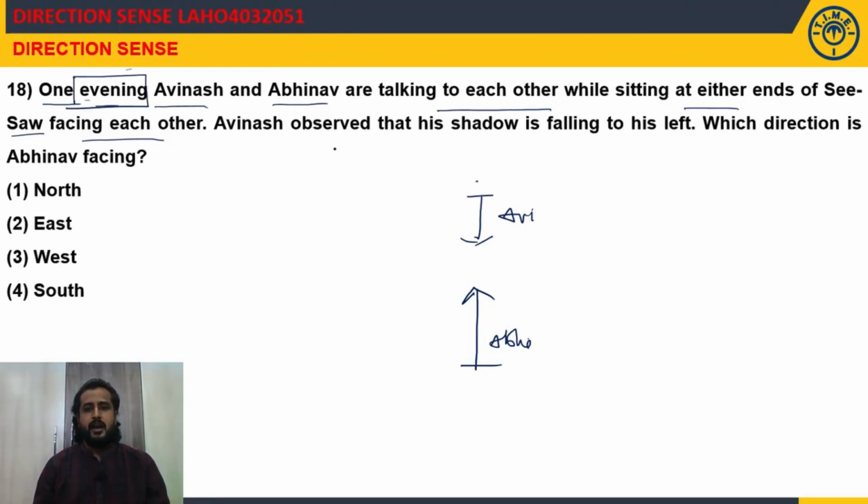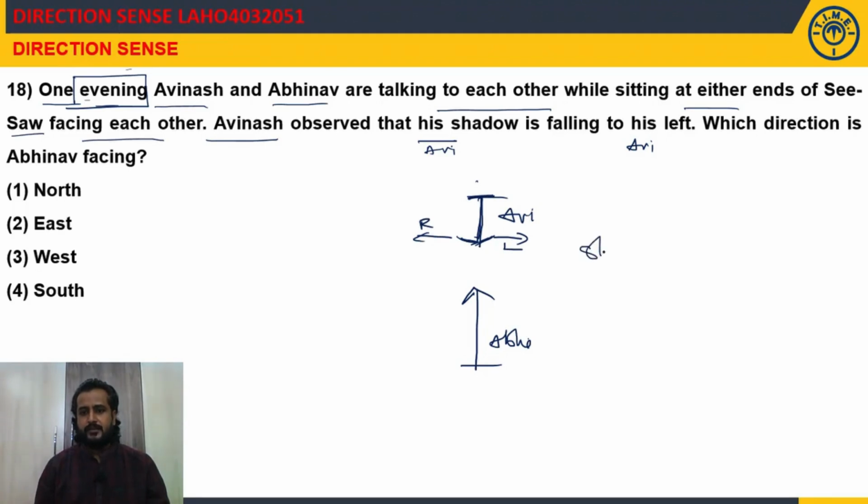Here the consideration is evening. Avinash observed that his shadow is falling to his left. So Avinash is facing this way, right? For this, the person is facing towards this direction. So this will be the left hand side. This will be the right hand side. Clear? Okay. So this is Avinash's left side.